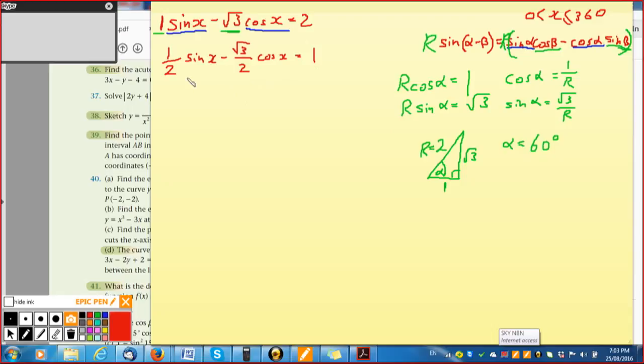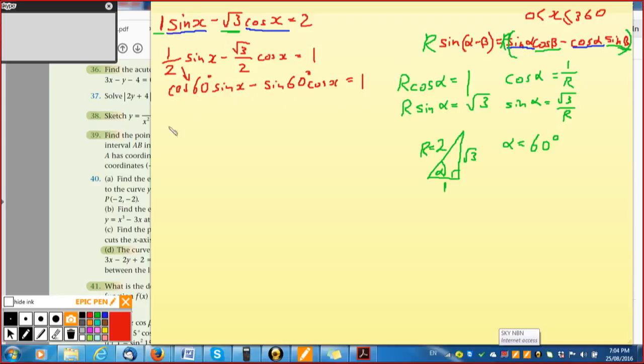Yep. Now, what that also is going to be is, let's have a look. Cos 60 degrees sine x, does that make sense? Minus sine 60 degrees cos x equals 1. You okay with that? Yeah. Now, if you look at that, that very much mimics the compound angle formula for sine.